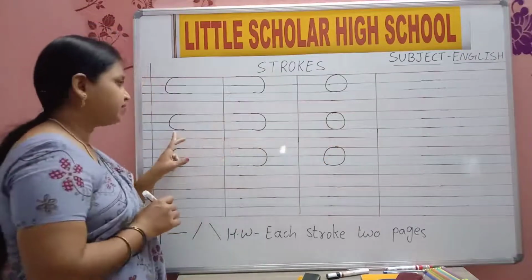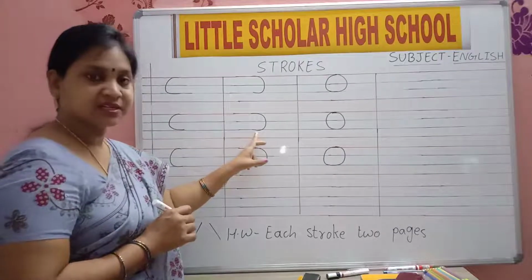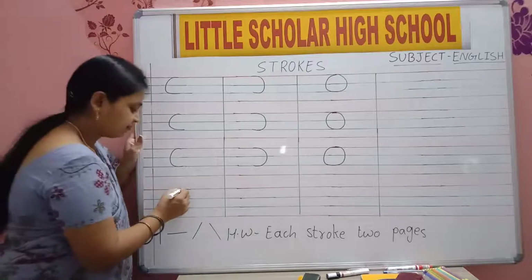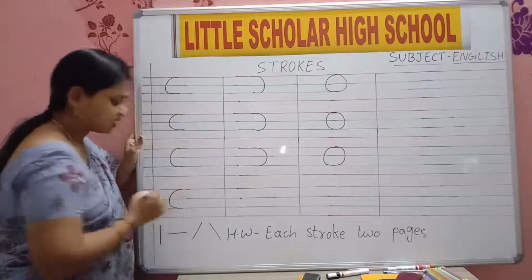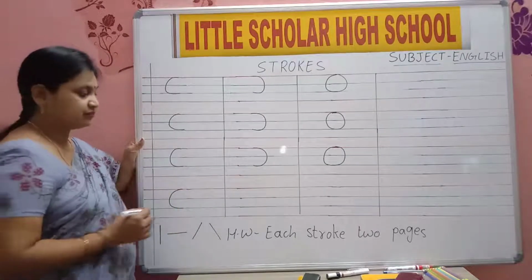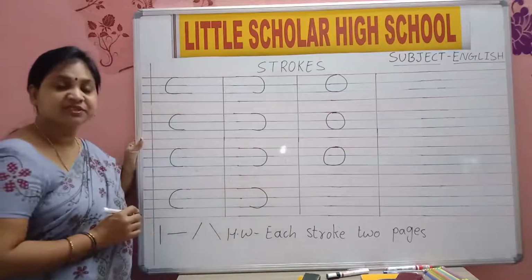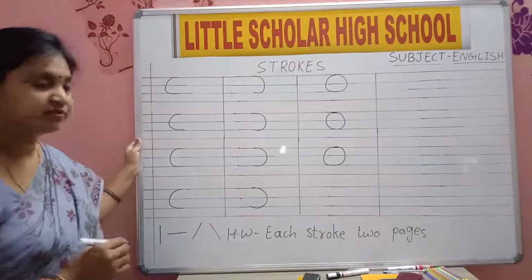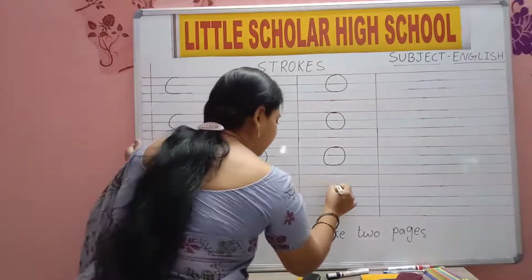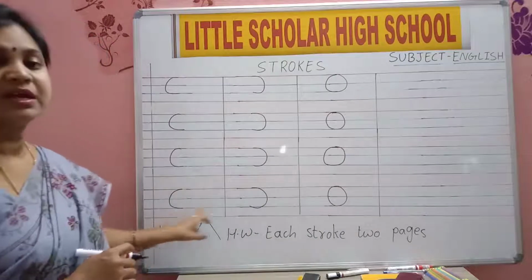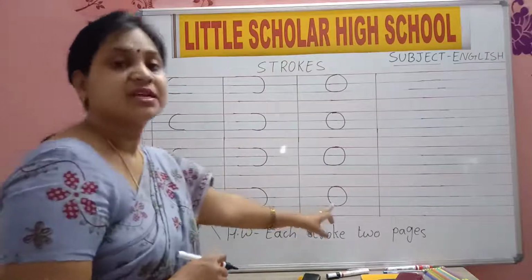Say: left curve, right curve, circle. Once again. Left curve, right curve, touching the first three lines, circle.